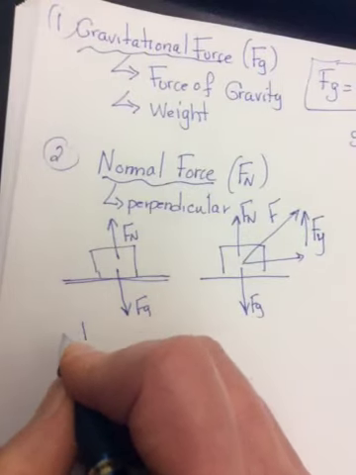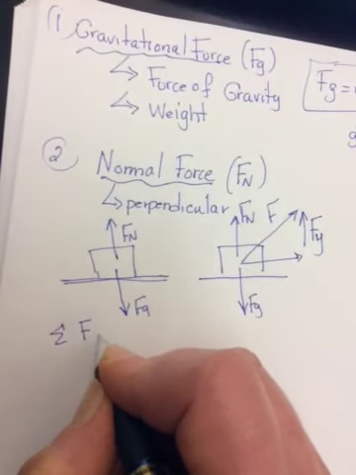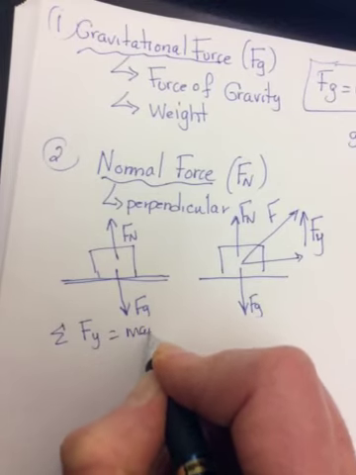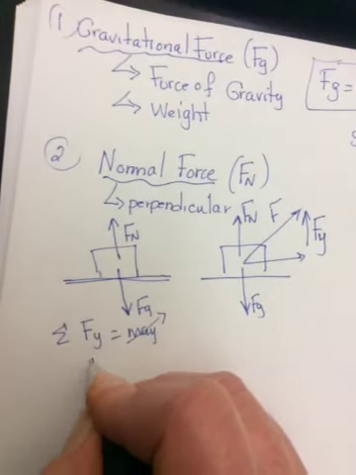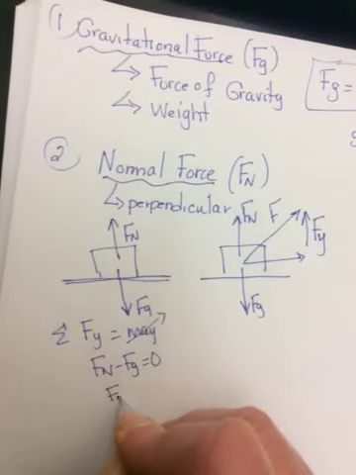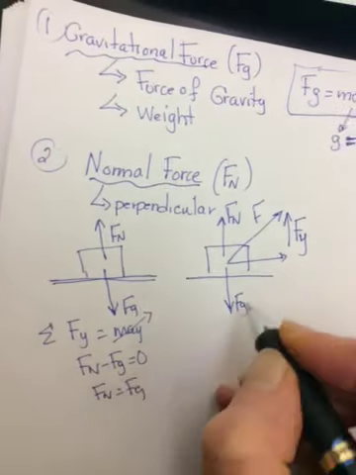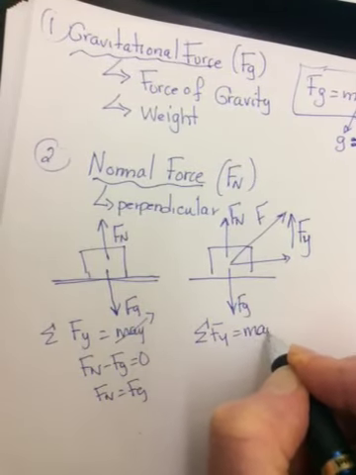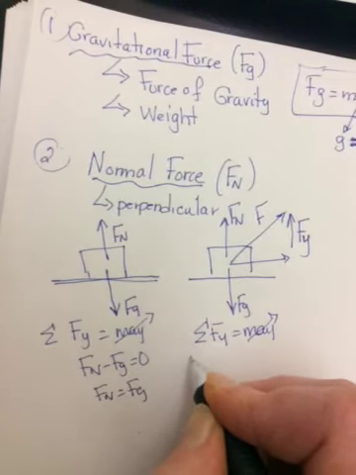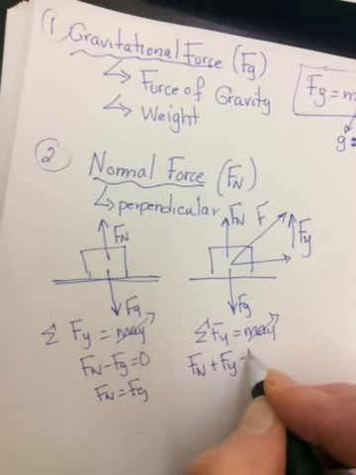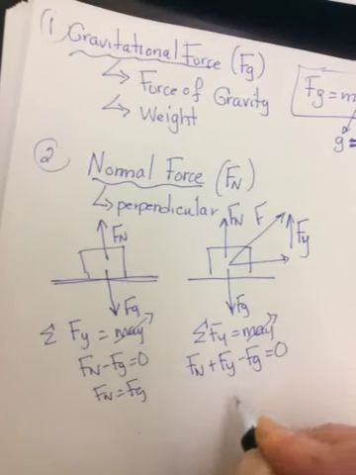So in this particular case, if you did the sum of the forces in the y direction and it's not moving, so the may would go to 0, you would end up discovering Fn minus Fg equals 0. So Fn equals Fg. But here, when we do sum of the forces in the y direction and the toboggan's not moving in the y, it will be Fn going up plus the Fy going up minus the Fg is equal to 0.